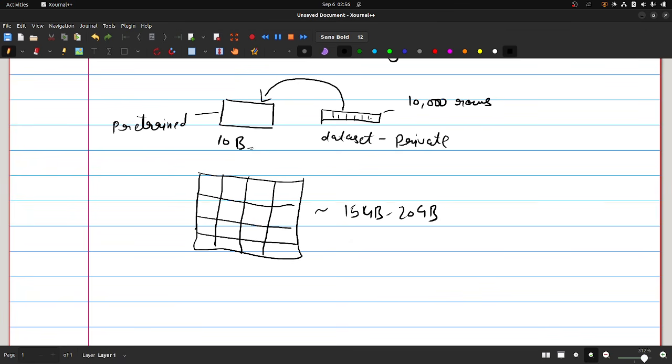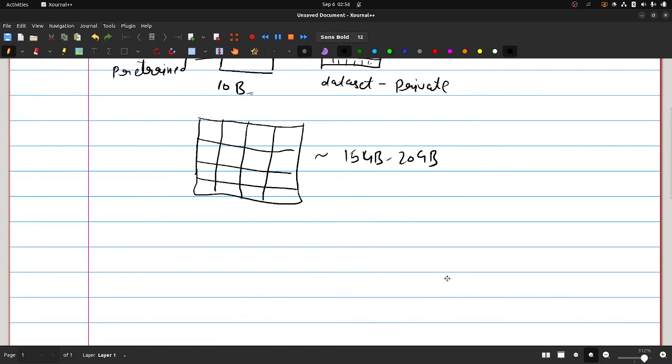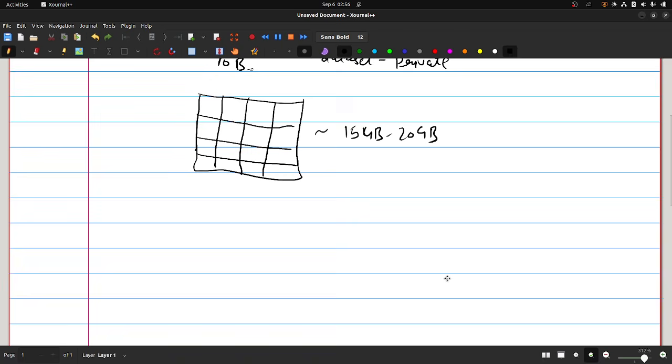So there is a better approach to fine-tune large models on some private data sets or some new data sets. This we can do with the help of LoRA.